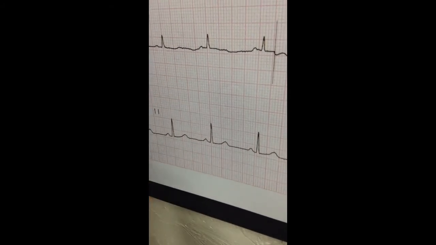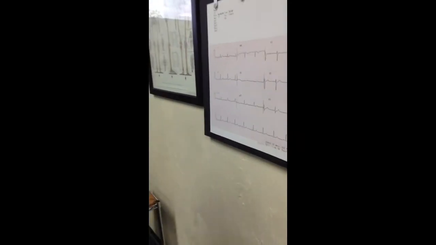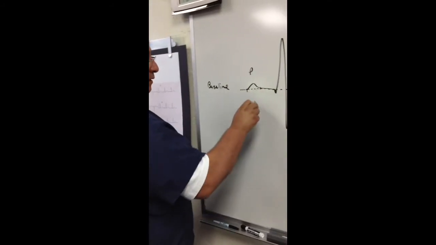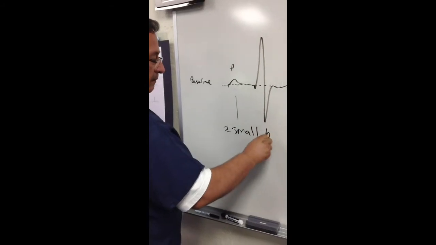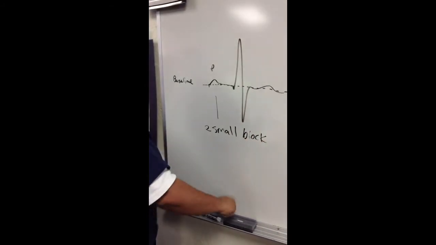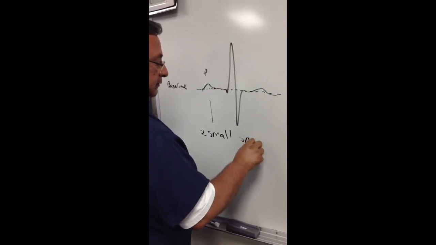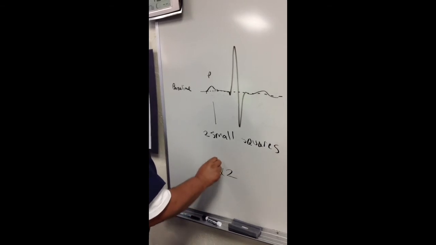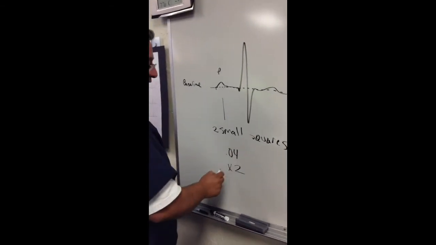Okay, so let's do the math on the board. To do this, you're going to say that the P wave represented 2 small blocks, or two small squares, I should say. So we had two small squares times 0.04, because remember, each small square represents 0.04 seconds.